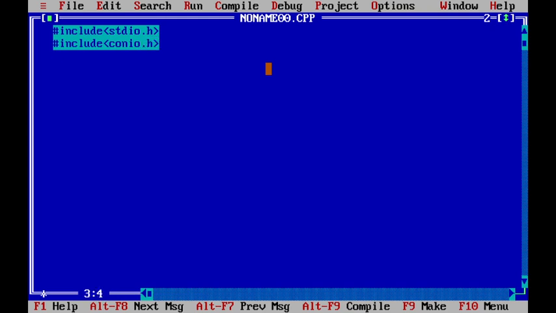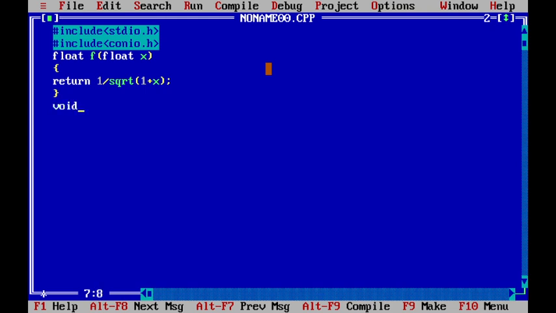Now we want to write a function, say float f of float x. Now return 1 divided by square root of 1 plus x, bracket completed.